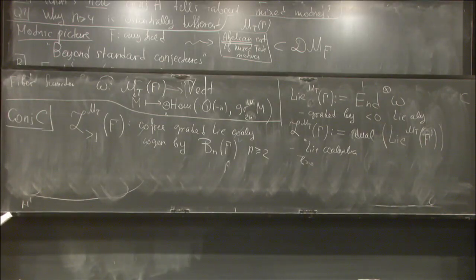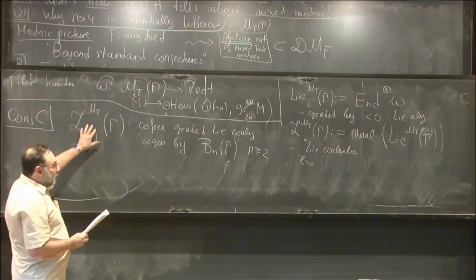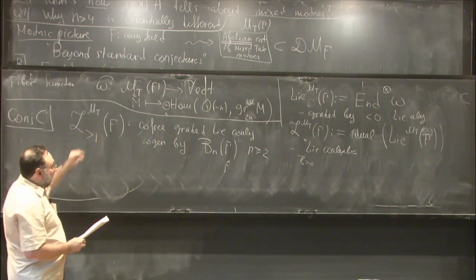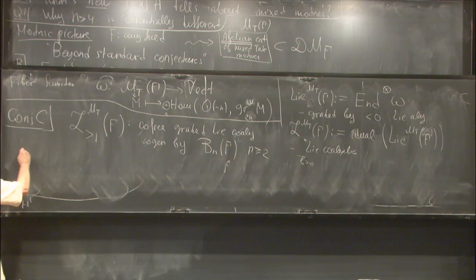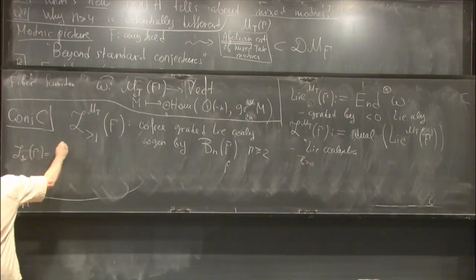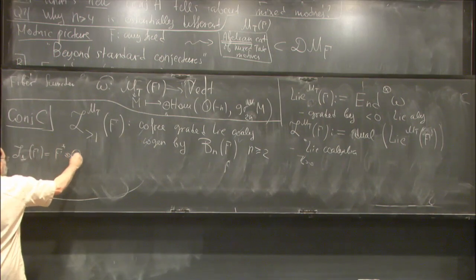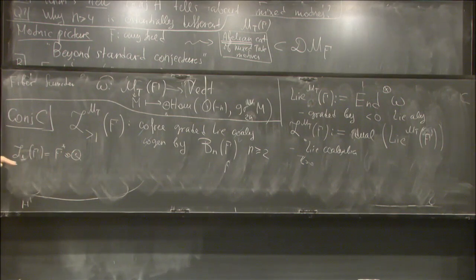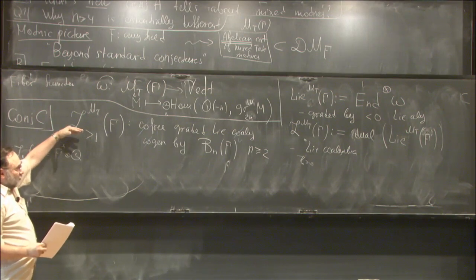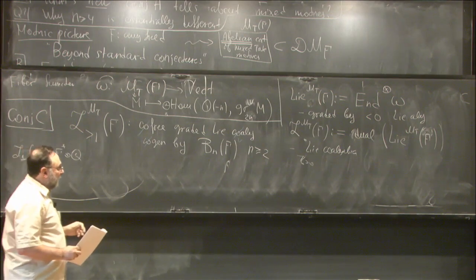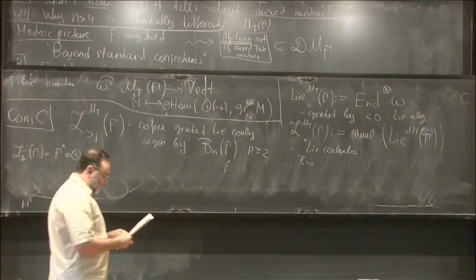Okay, so basically it doesn't say that this Lie algebra is free, not at all, but it says that it has an ideal such that the gap between them is very small. We know that L1 of F is just the multiplicative group of the field. And so modulo Z, it tells precisely how this motivic Lie algebra of any field F looks like. So it's a free Lie algebra generated by these higher Bloch groups.